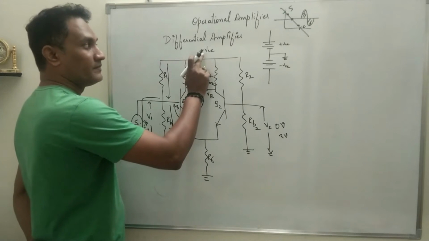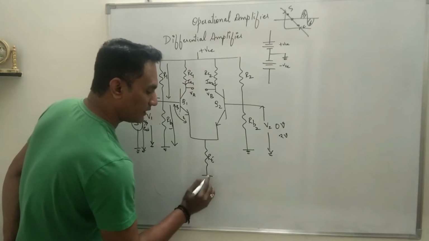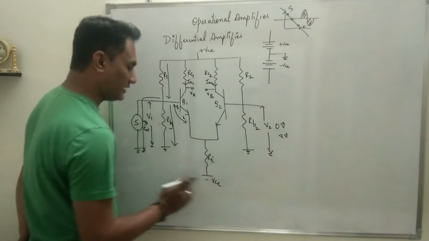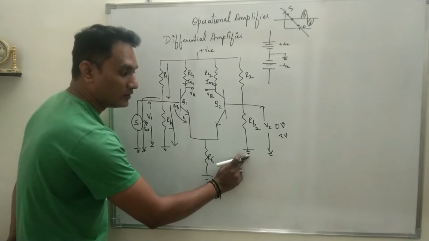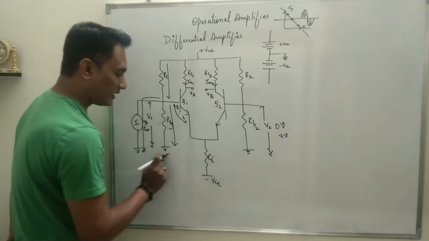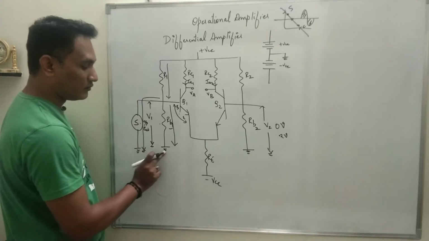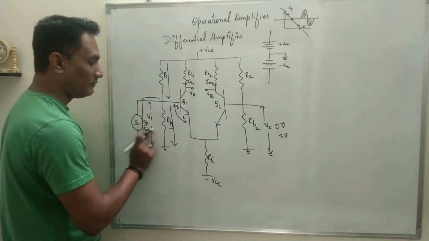So what we did is, instead of using one power supply, we used two power supplies, and the common terminal of these will be taken as the ground. That is the common ground of the circuit. Now when the source is connected, this ground is the circuit ground, and this is the common ground, so this cannot come in parallel.